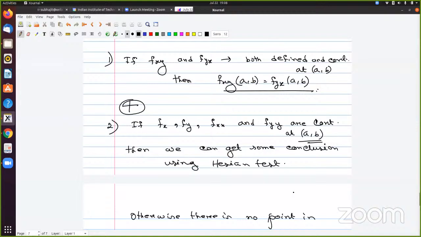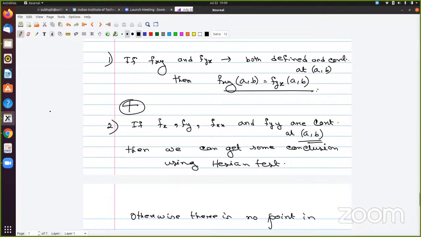Is it clear to everyone? If you have a doubt, you can ask and we can discuss. So when we find fxy and fyx, if both are equal, then do we need no Clairaut theorem at all? We directly use the Hessian matrix.